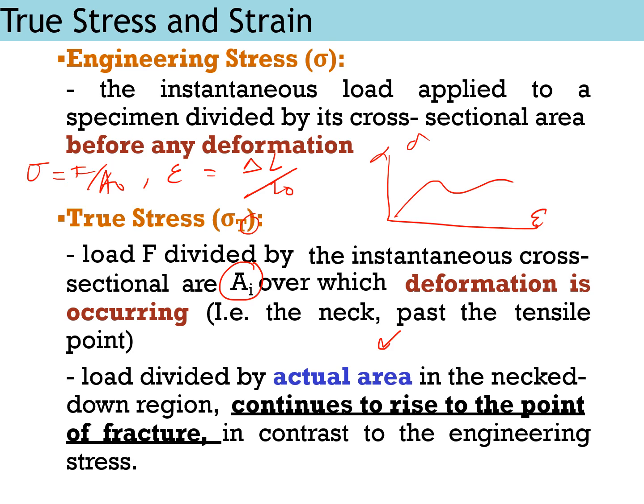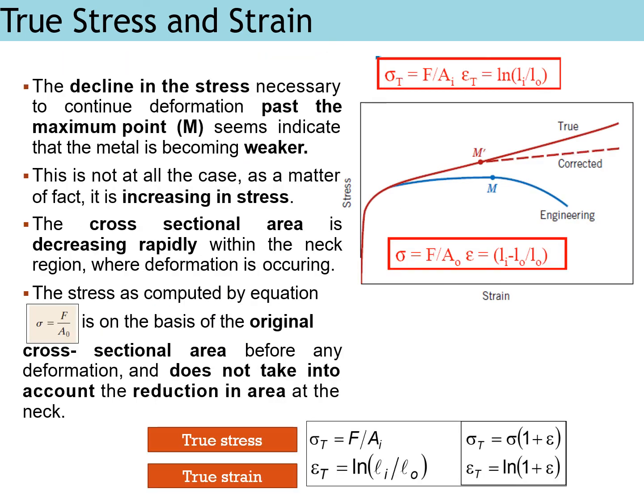Okay. So here we can define it, whereby if we measure the true stress and the true strain, the curve would look like this. You can see the red color is what represents your true stress and strain.